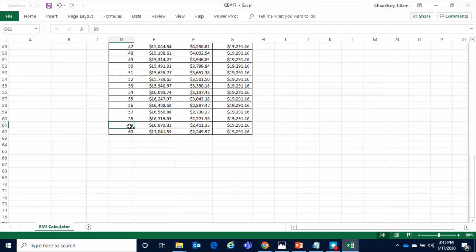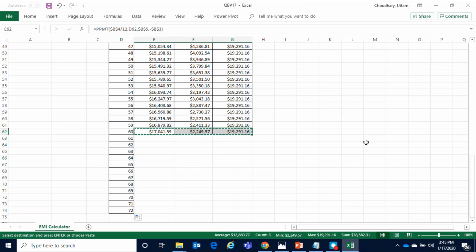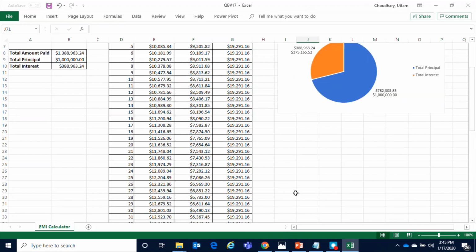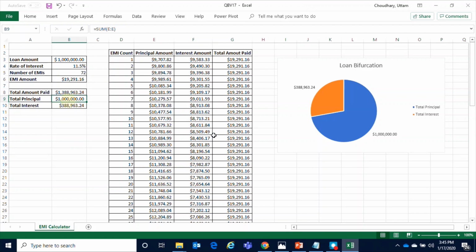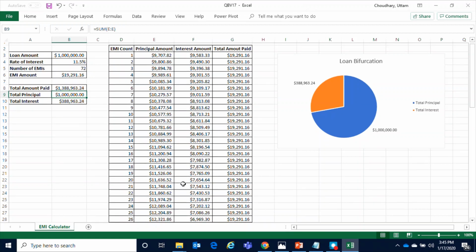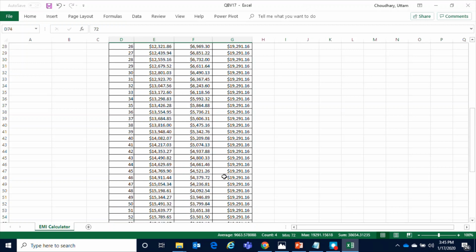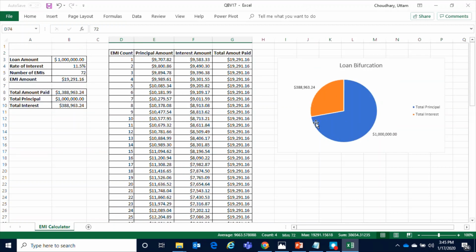What I would do is extend this to 72. And what you need to do is just copy this and paste all the way till here, and you would see the amount has automatically become 1 million again, and your amortization chart has been increased to 72 months now. And you would see the graph has also changed with the new numbers.